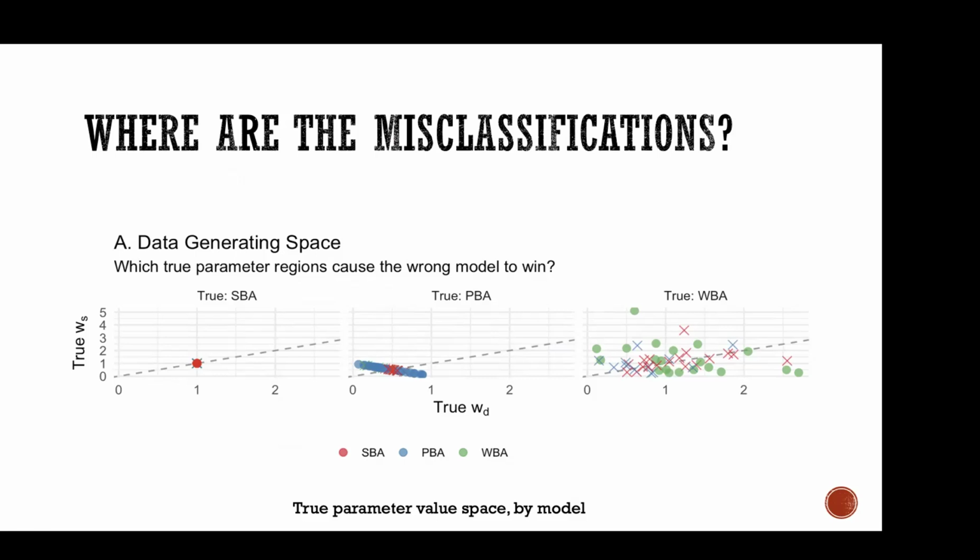And we are actually okay if the true parameter values are on the diagonal and another model gets picked, because they're also already on the diagonal. But we need to verify that the estimated parameter values are also on the diagonal, right?